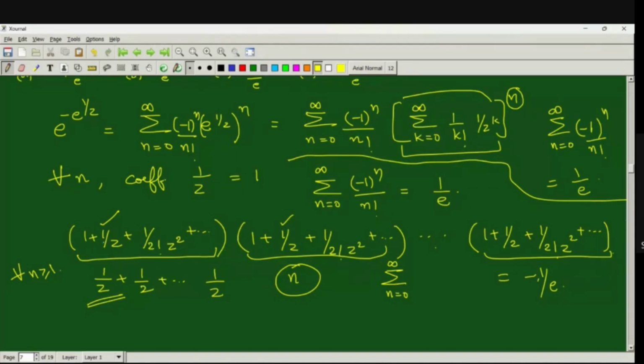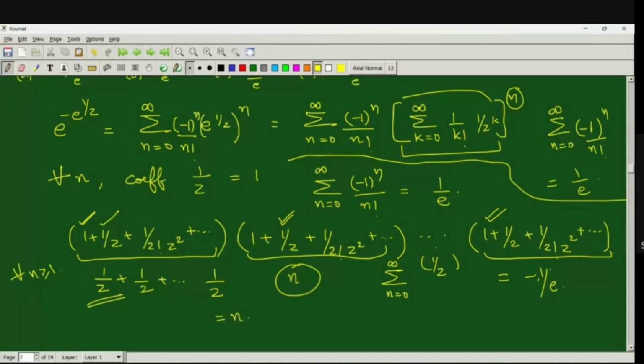The second 1 by z occurs when I pick 1 from here and 1 by z from here, and the rest is 1. And the third 1 by z becomes the 1 by z from the third part, 1 from the rest of things. Similarly, for each n, you will have a 1 by z in the nth part and 1 in the rest of the parts. So the coefficient is actually going to be n.